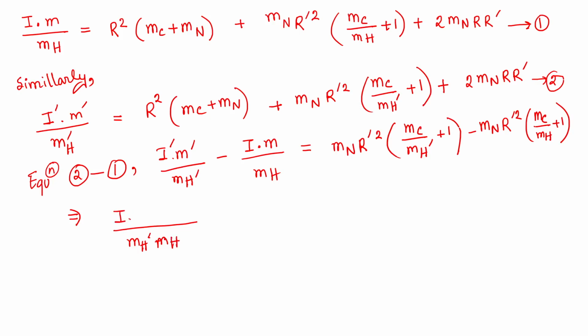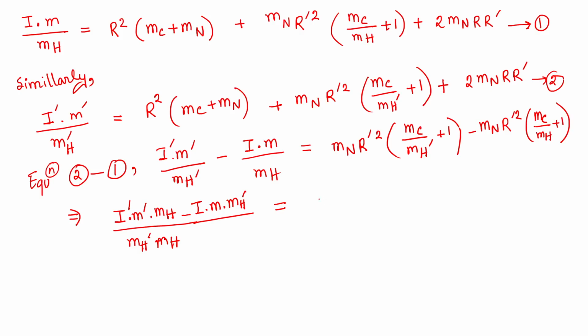So we have I into I dash m dash into mh minus I m mh dash, and on this side we have mn r dash square. These are going to get cancelled.